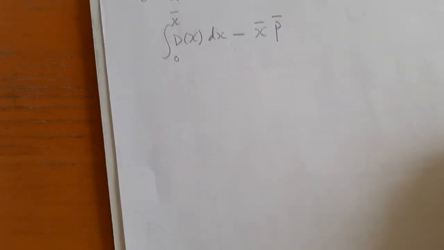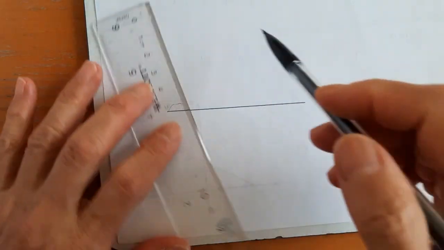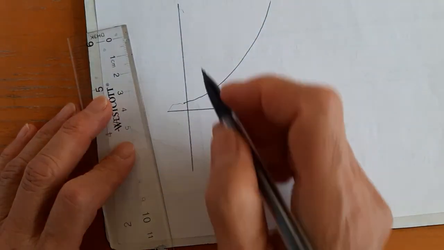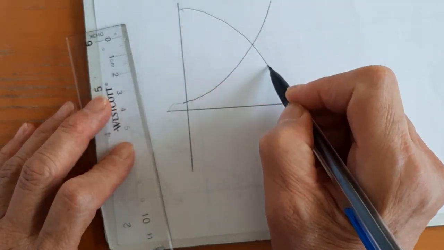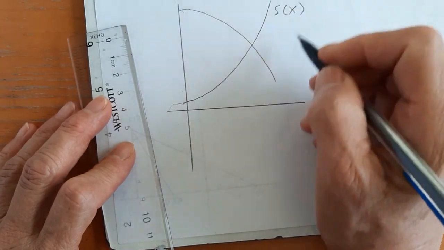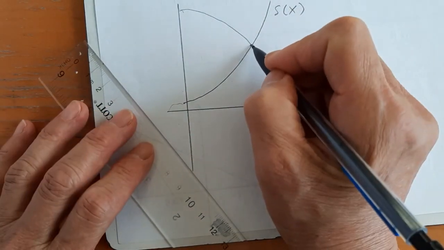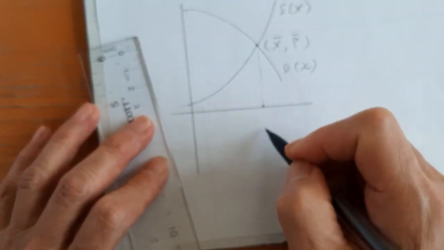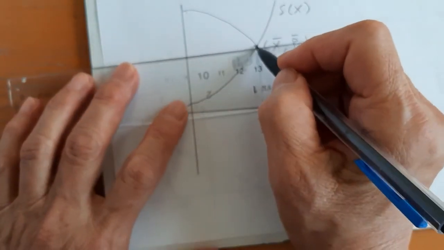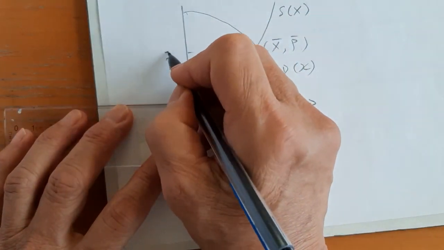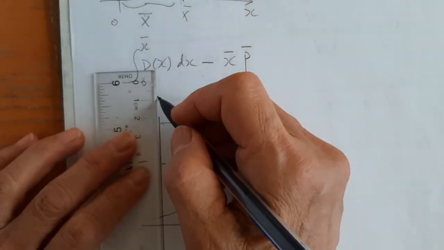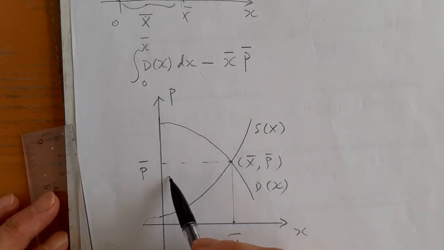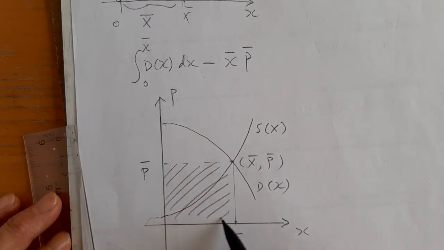This is the supply function s of x, and this is the demand function d of x, this is x bar, p bar, the equilibrium point, here it's p bar, this is p, this is x. So in the market we sell a total of this.